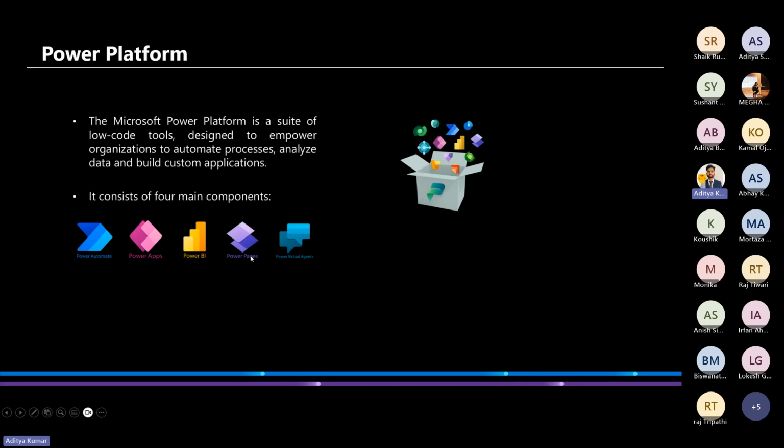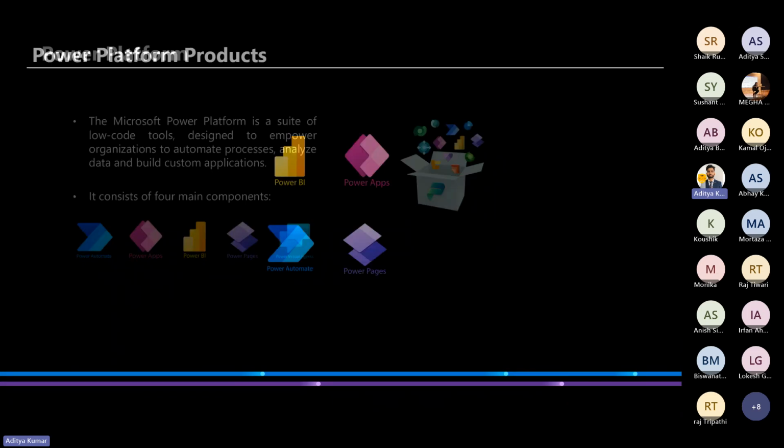We will discuss all these components in later slides. Generally, Power Platform is for people who want to automate processes and reduce repetitive tasks. It's also a go-to place where people from a non-CS background can work, just like me. Okay, let's move to the next slide.